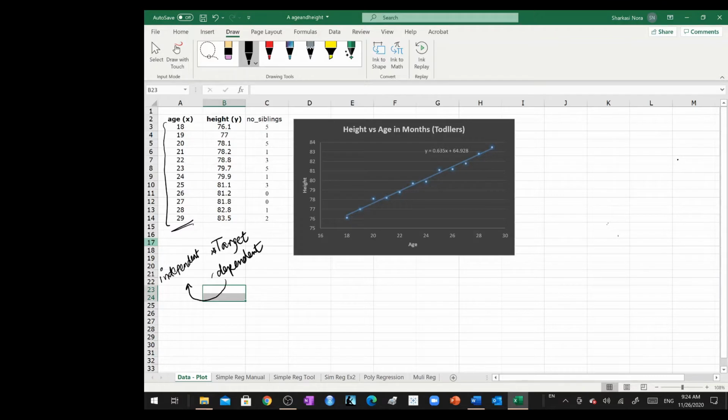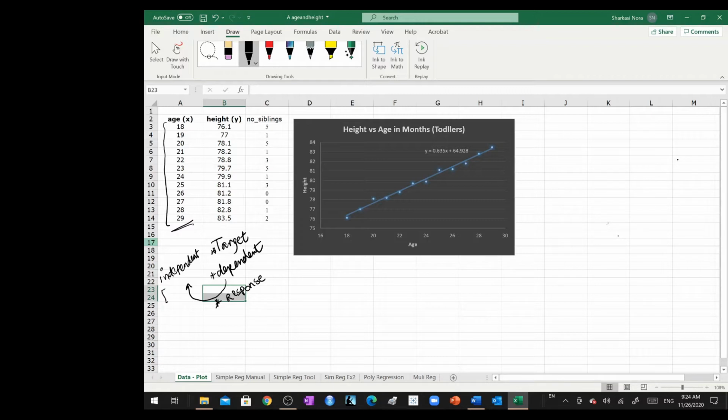There are other labels as well. So this could be the target. This could be the dependent. Also, this variable could be the response, because it responds to the age. This could be the independent variable.